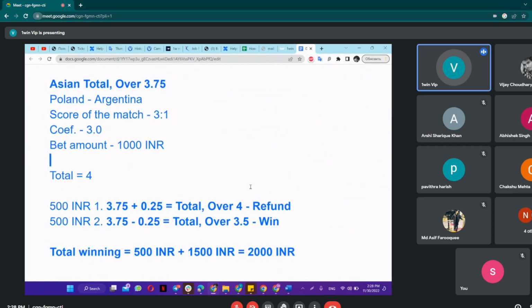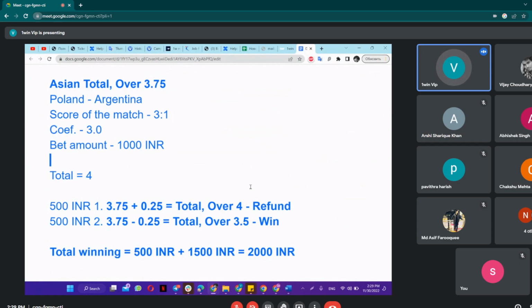For example, this match of FIFA in Qatar, Poland versus Argentina, a lot of clients are placing bets on it, so there will be questions.